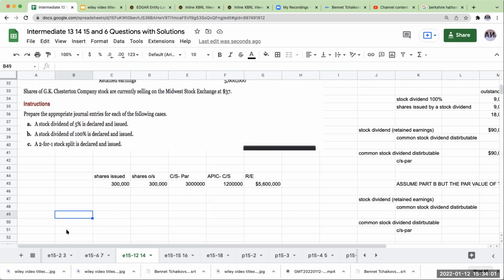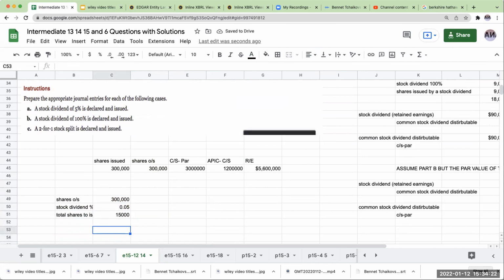So what I'm going to first need to do is figure out our shares outstanding, which is going to be 300,000 shares outstanding. My stock dividend percentage is at 5%. So my total shares to issue under the stock dividend is going to be 15,000.